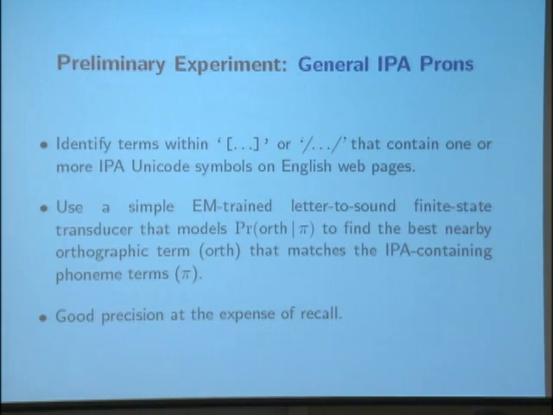There may be more stuff out there which would be IPA, but we want to limit the set of patterns we're looking for. So basically, things within square brackets or slashes that contain one or more IPA Unicode symbols. Basically, things where we have some reason to believe the person is aiming at IPA.